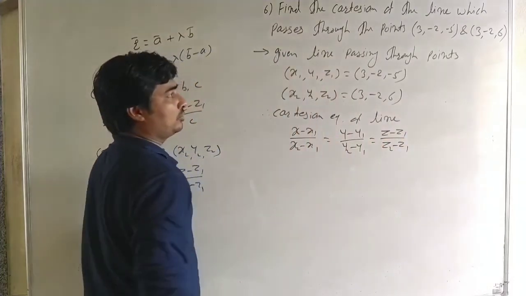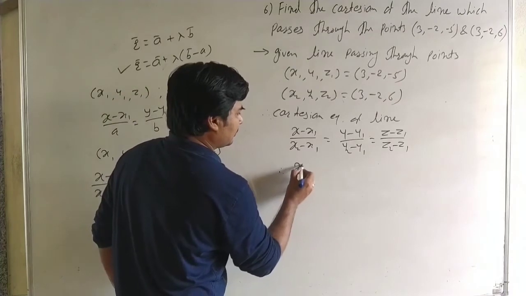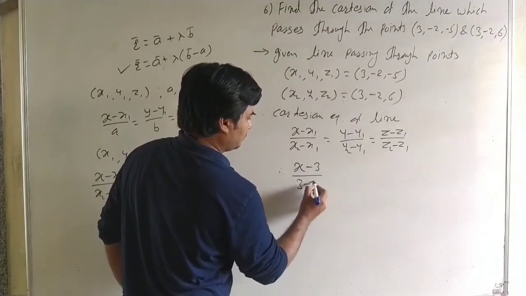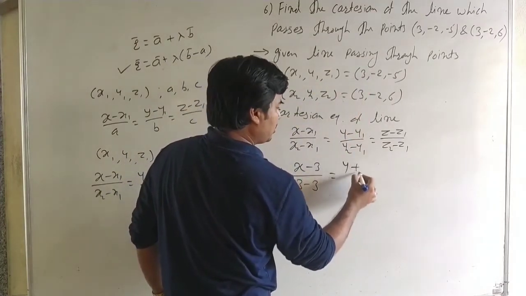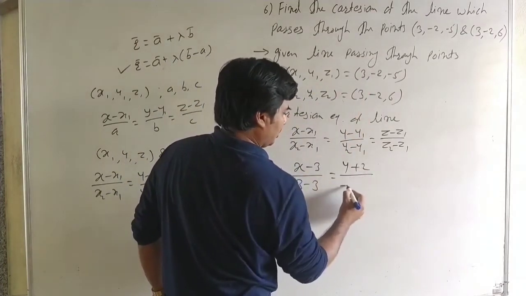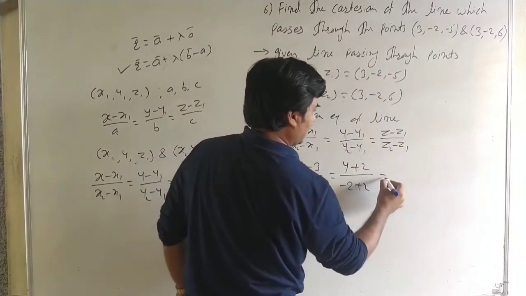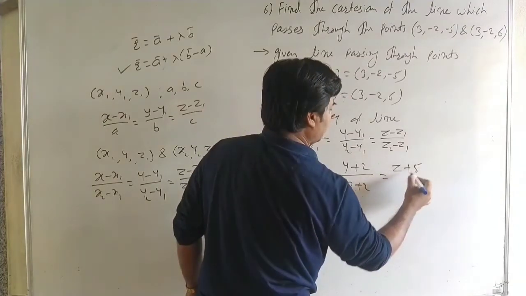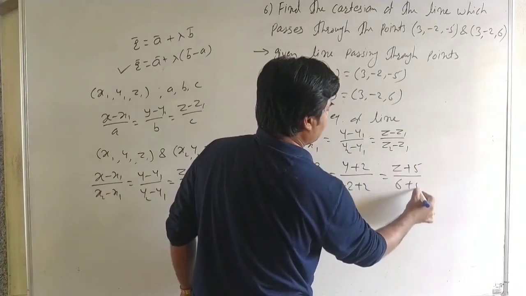Putting in all the values of x1, y1, z1 and x2, y2, z2, we get x minus 3 upon 3 minus 3 equals y plus 2 upon minus 2 plus 2 equals z minus 5, that is z plus 5, upon 6 plus 5.